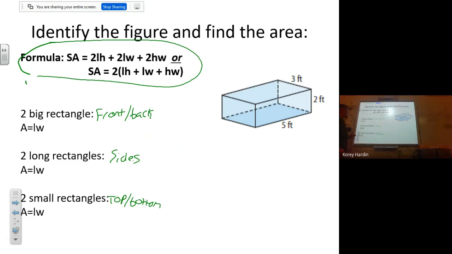Now, remember in each of these, I am multiplying this times 2 because there's 2 sides of equal dimensions. So the front and back.